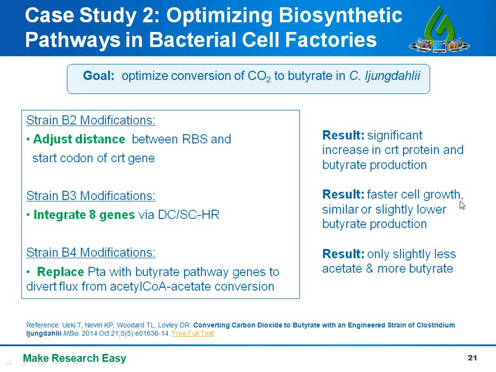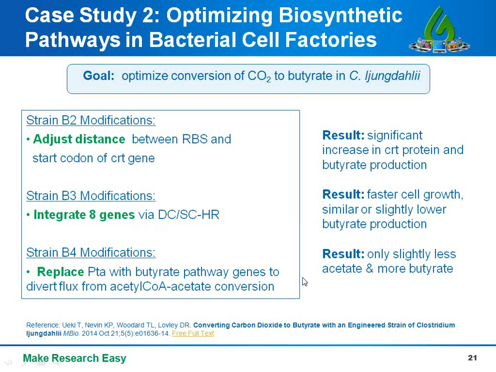So that's consistent with the idea that having the cell maintain these 2 plasmids may be slowing down cellular metabolism. On the other hand, they observed only similar, or in some cases very slightly lower butyrate production. So in terms of optimizing butyrate production, which was their goal, this wasn't really an improvement. To their surprise, perhaps.